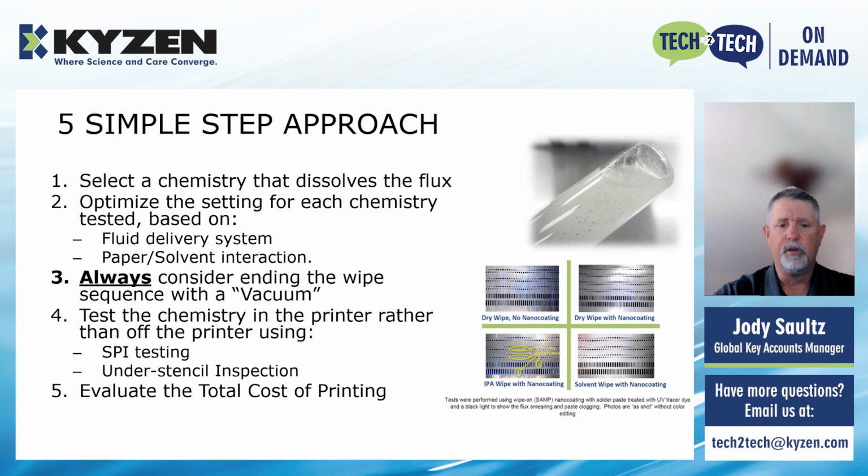Then you have the capability of doing an under stencil inspection, and also SPI is going to tell you the truth of whether you're having a good printing process or not. And evaluate the total cost of printing. So often, like I said, customers overlook these invisible costs, and those are typically what's costing you the most money.